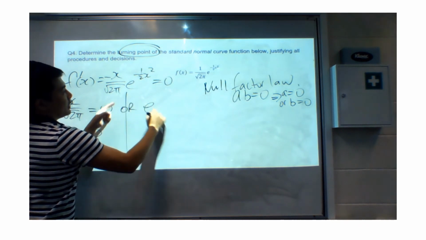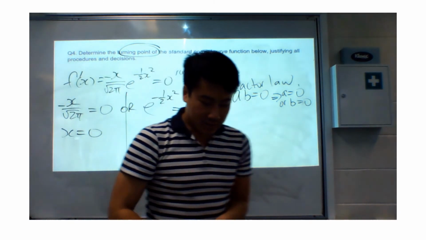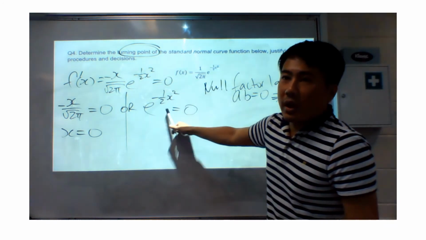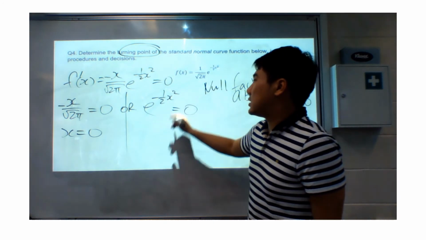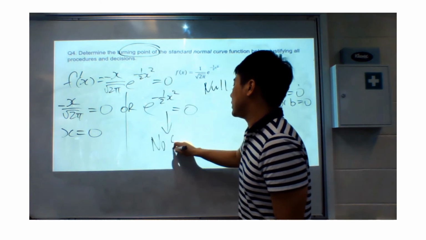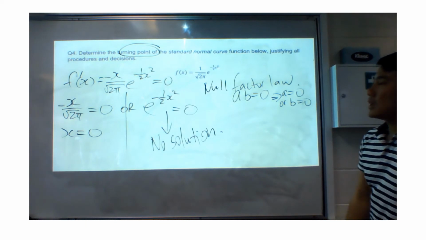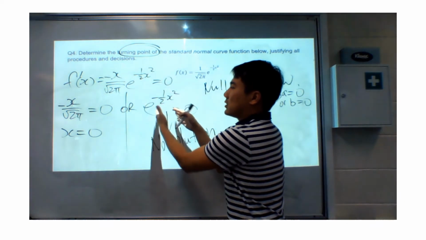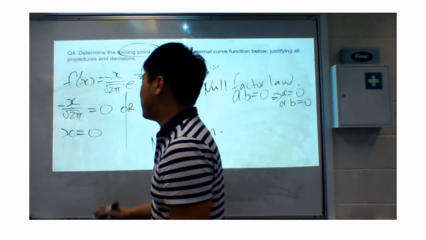Or this bit can equal 0. But do we have a solution here? No, you won't have a solution. This bit is undefined. There's no solution. Because if you take the ln of 0, it's undefined. You can't solve this bit. So there's only one turning point.